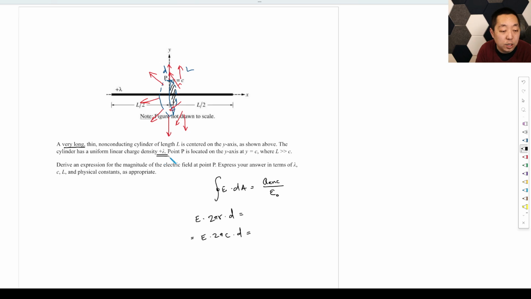Now, it's a linear charge density, which means the charge is equal to the density times the length. The length of this thing is d. So this is simply lambda times d over epsilon naught. And what we see is that the d's cancel, which is really important because that d is something I made up. So then the electric field is going to be lambda over 2 pi c epsilon naught.